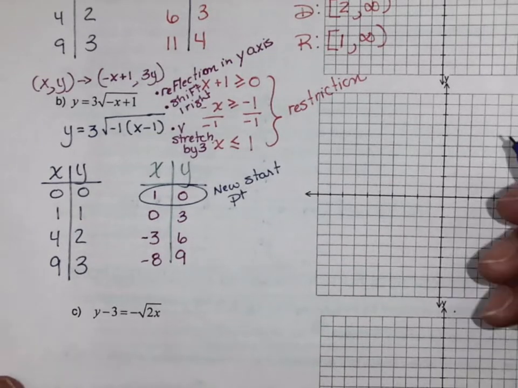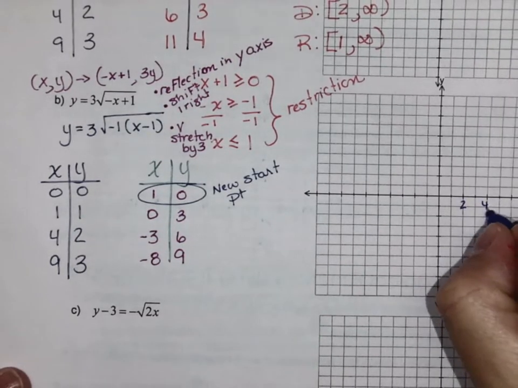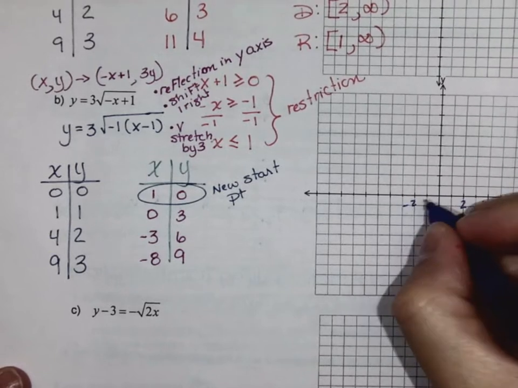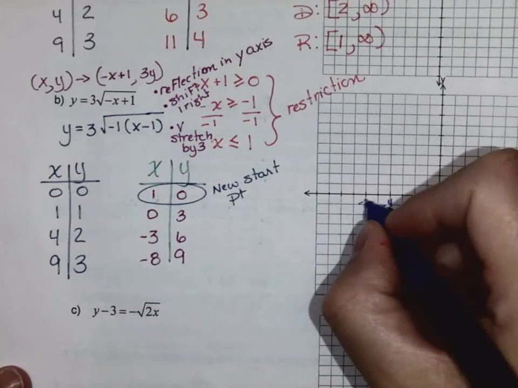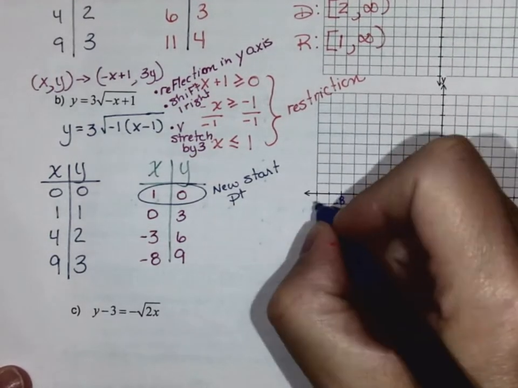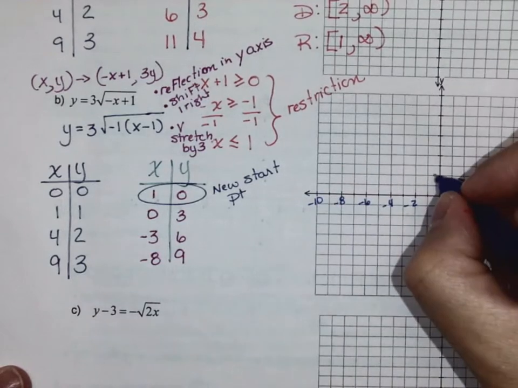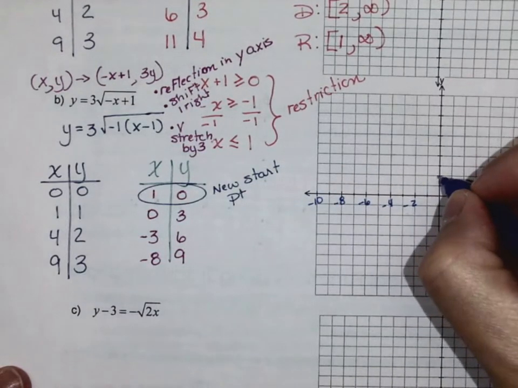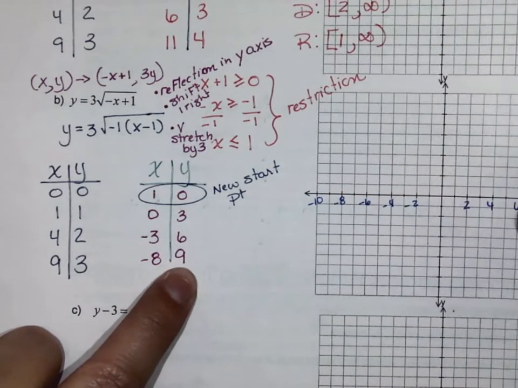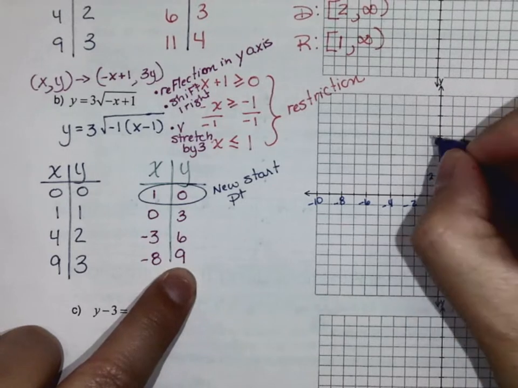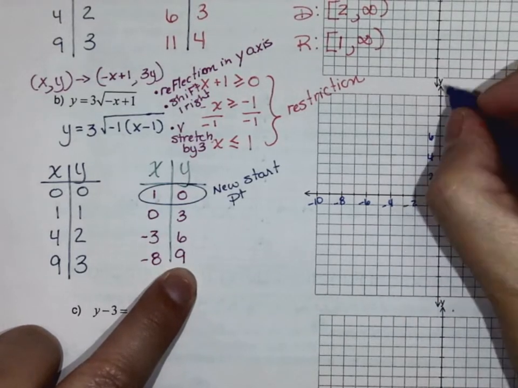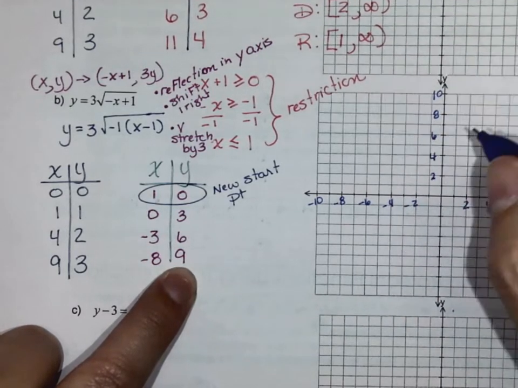Okay. Let's do some math. 2, 4, 6. I think I need to go on the side. -2, -4, -6, -8, -10. I gotta go up to 9 this time, so I gotta adjust my axes here.